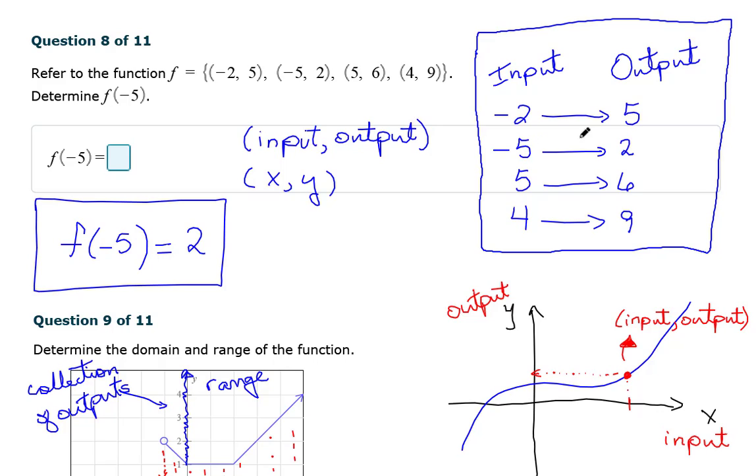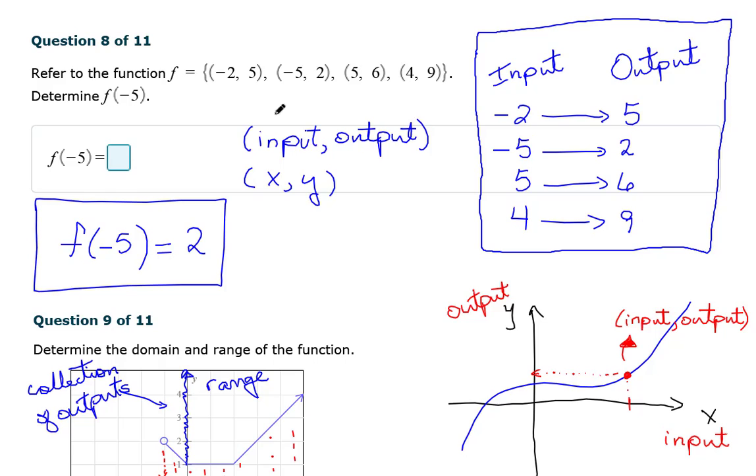Minus 5 produces an output of 2, 5 produces 6, and 4 produces 9. Alright, so what do they want? They want f of minus 5. So, minus 5 is the input. What does it produce? Let's see, minus 5 produced a 2. That was this one right there.